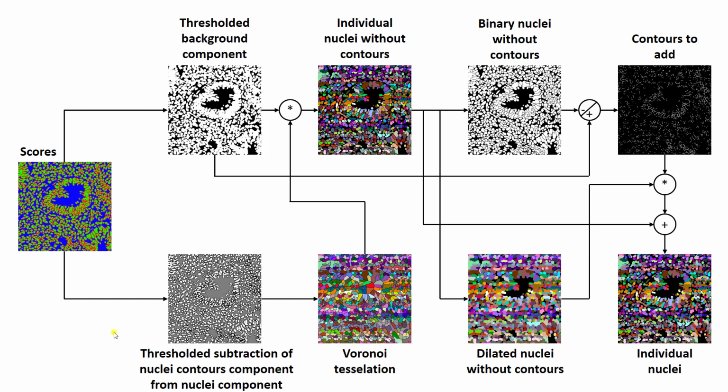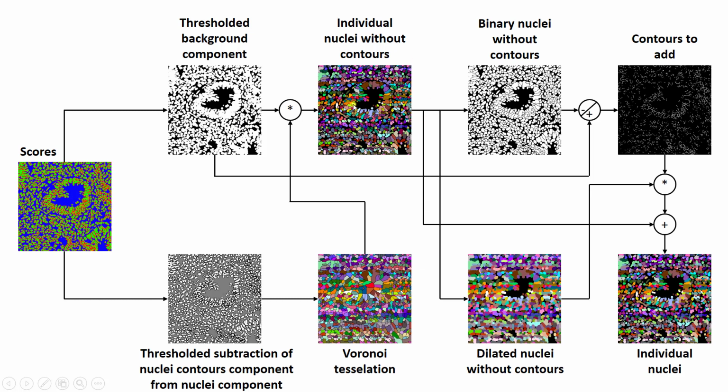Because here we really want to separate them, it's going to be better if we take a threshold that is slightly higher. We're going to have smaller nuclei components, but by combining with the object component, we'll be able to get back the actual area. So from this thresholded subtraction, we can do a Voronoi tessellation. Every single pixel is associated to one nucleus, and then if we multiply this tessellation by the object component, we get our nuclei.